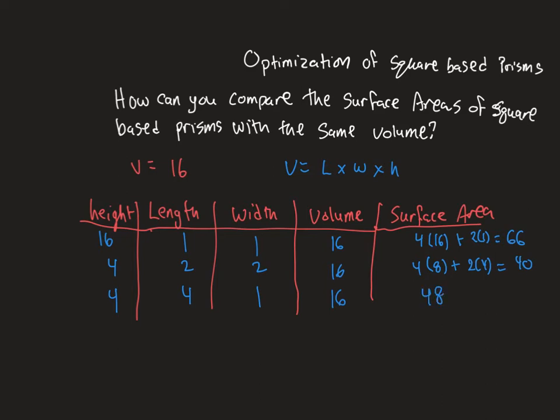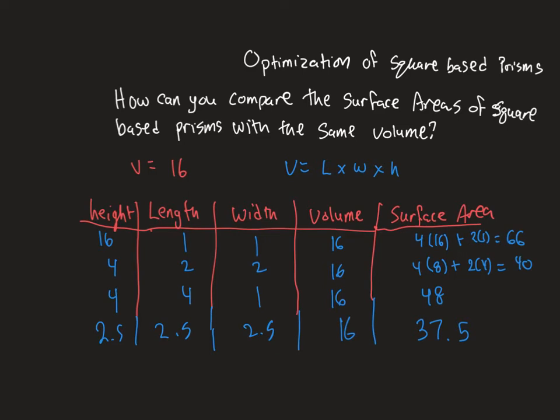All right. What happens if I used the same ones for all of them? So try 2.5, 2.5, 2.5. Because 2.5 times 2.5 times 2.5 is going to give me 16. When I do this calculation, I'm going to get 37.5.